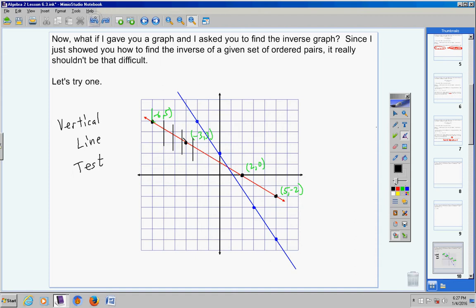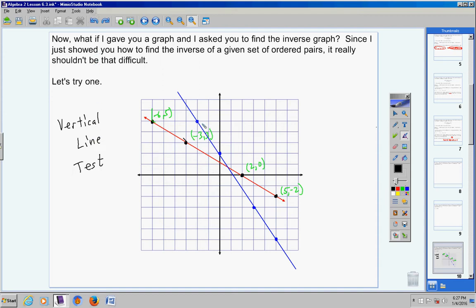If there's any place at all, just one, that you draw a vertical line and it crosses the red graph in more than one place, then it's not a function. But as you look at this red line, every single vertical line that I draw only intersects the red line in one place, okay? So, the red line is a function because it passed the vertical line test.